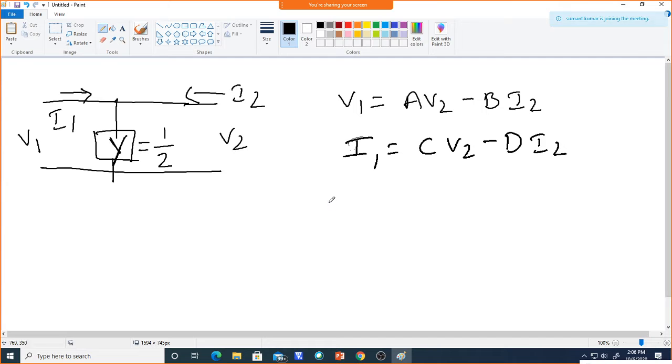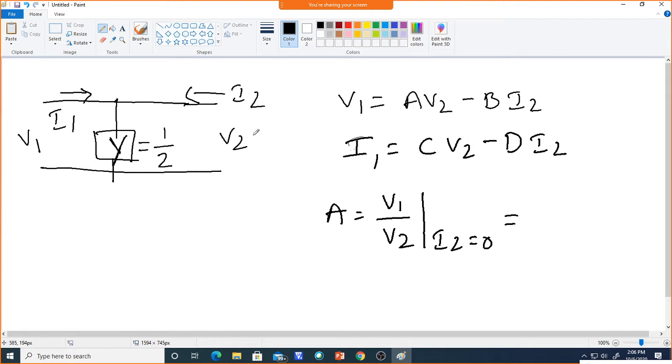Okay, so now what is A? A is nothing but V1 by V2 when I2 equal to 0. That is, if you open circuit port 2, you will get the parameter A, that is V1 by V2.